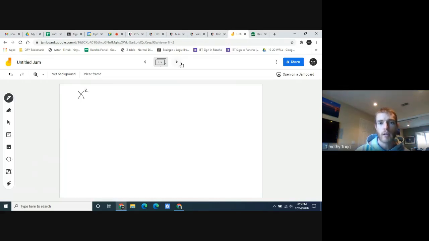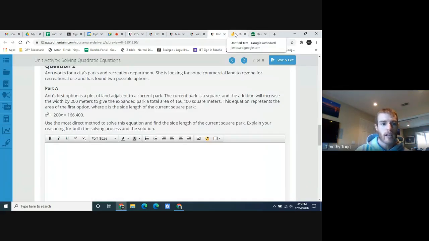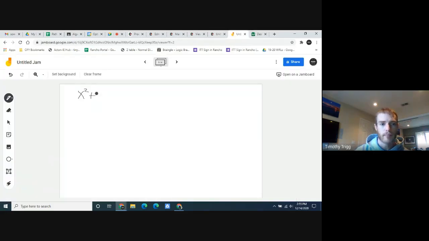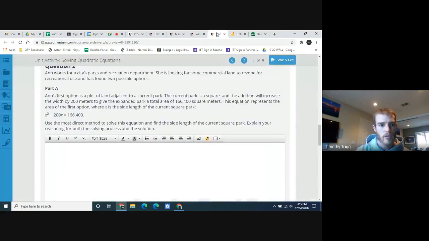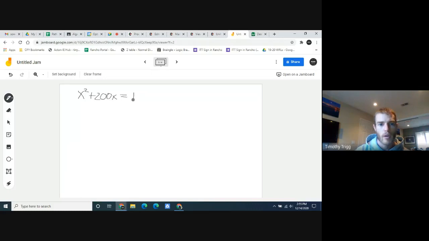So it's going to be x squared plus 200x equals 166,400. So remember, when we want to solve using the quadratic formula or by factoring, we really want everything on one side and just 0 on the other side.